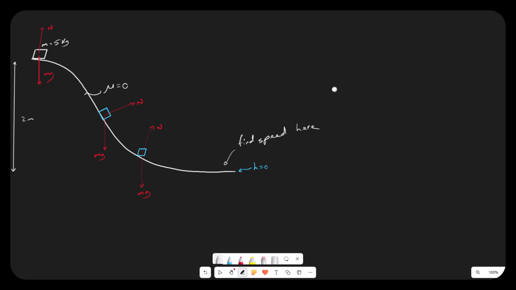It's just this track is going to take a long time to get there because my block starts with almost no acceleration, takes forever to get to this point, and then it starts speeding up. If I take that same block and send it down this track, it's going to get to the bottom a whole lot faster. So I can't figure out anything about the time with energy.